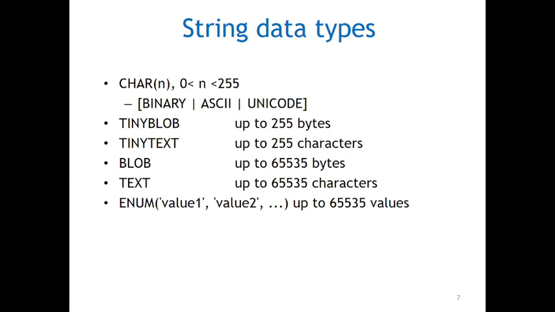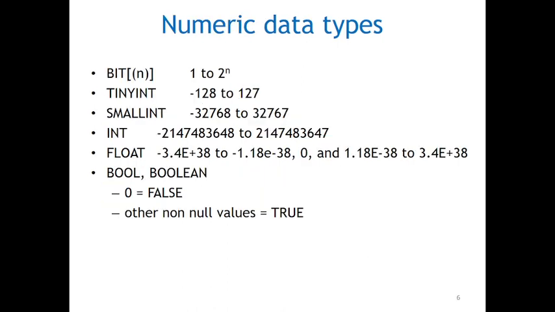Visa, Master. Those values you can give, and they are called enum. For example, major: IT, bio, communication. Those values you can define if you use this data type. Right, so these are the string data types, and these are the numeric data types.